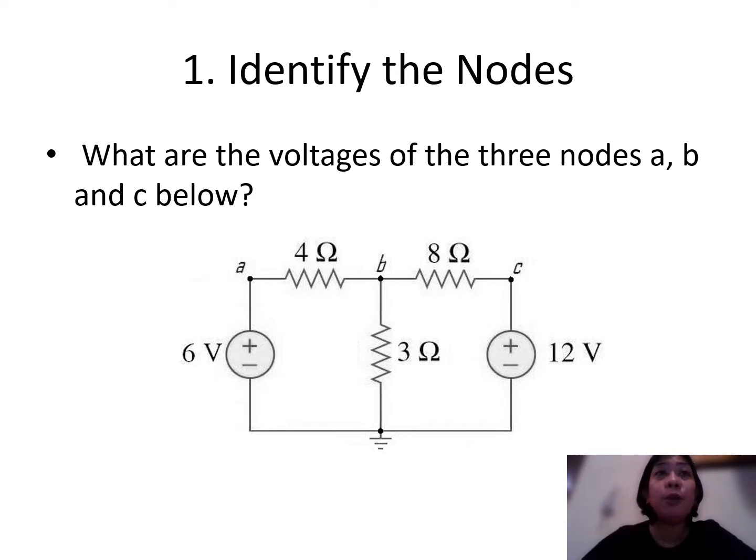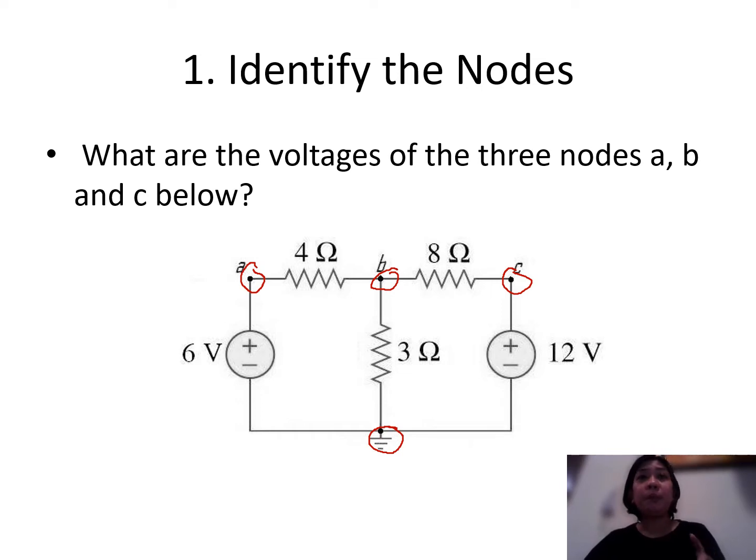We have here node A, node B, and node C. Lastly, we have node 4 here, but this fourth node will be used as our reference node. So the 3 nodes that we have are node A, node B, and node C.